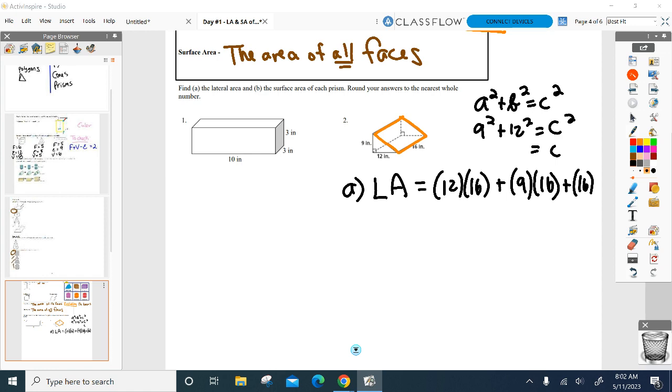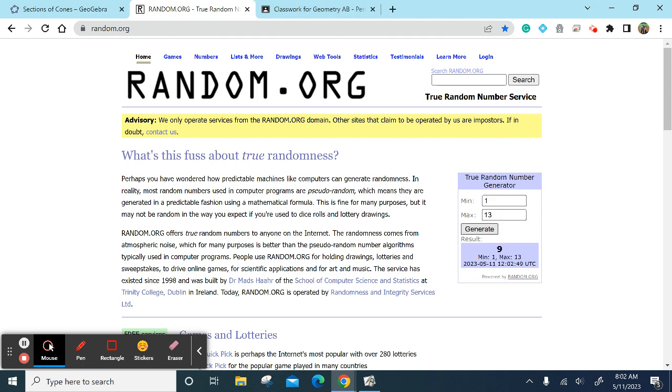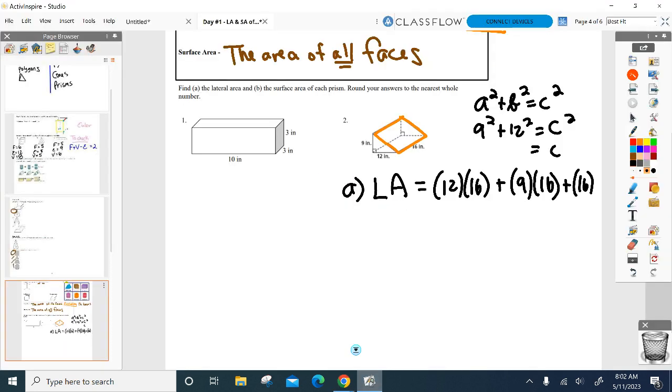Let me know when you have it. 9 squared plus 12 squared, take the square root of that. 15, good work. So 16 times 15. And there you go. There's the lateral area.